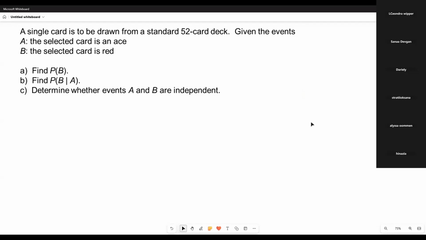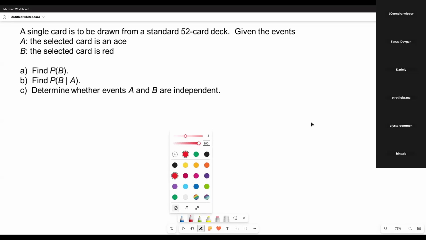Find P of B. Find P of B given A. C, determine whether events A and B are independent. All right, so again, copy here. So here you can observe we got 52 cards. So the sample space here is just 52.